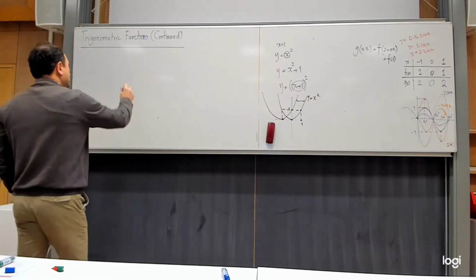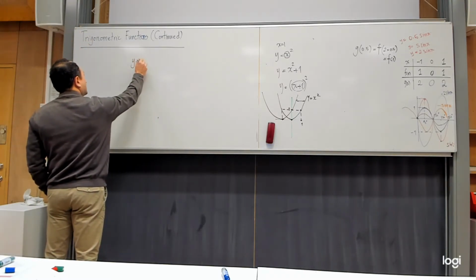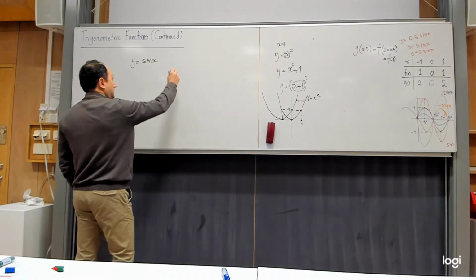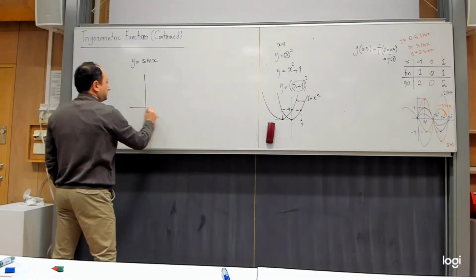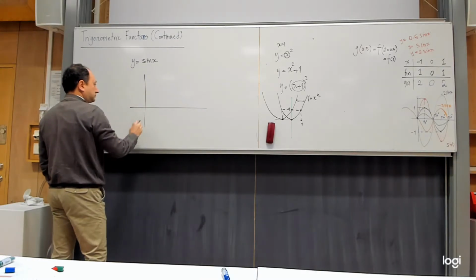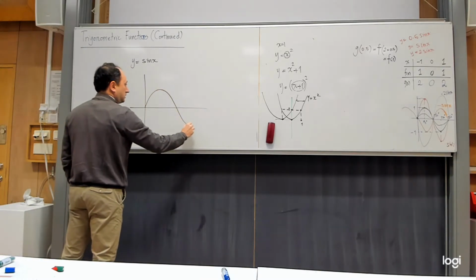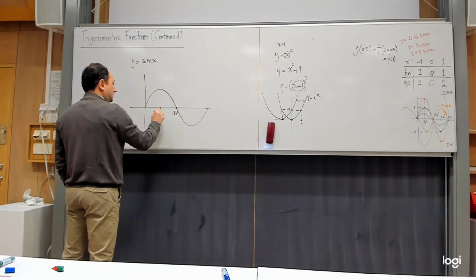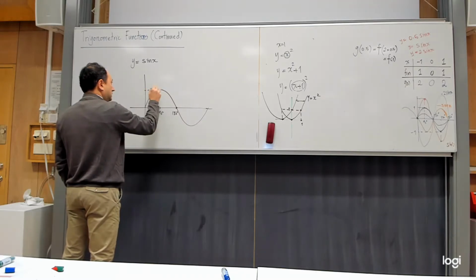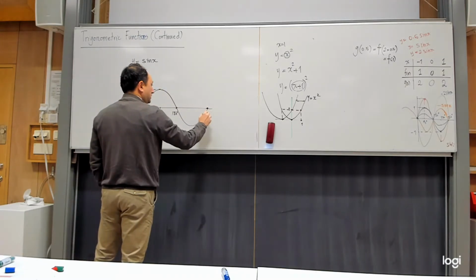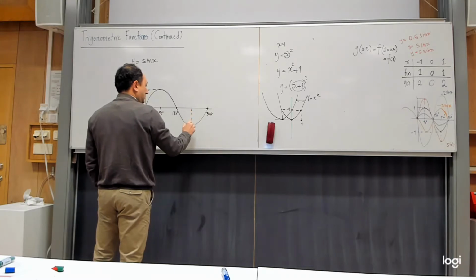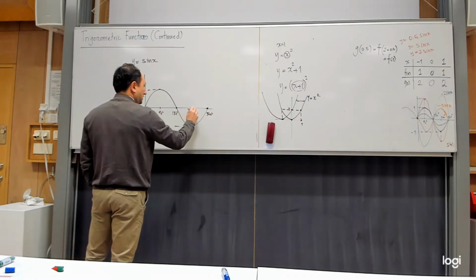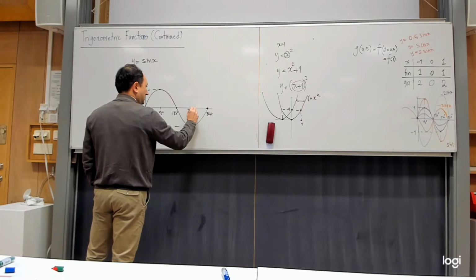So, for example, let us consider the function y equals sine x. Okay, the same thing. So let me just draw this again. (180, 90), yes, and then I have this one, and then here I have 360, and this is minus 1. 270, yes?